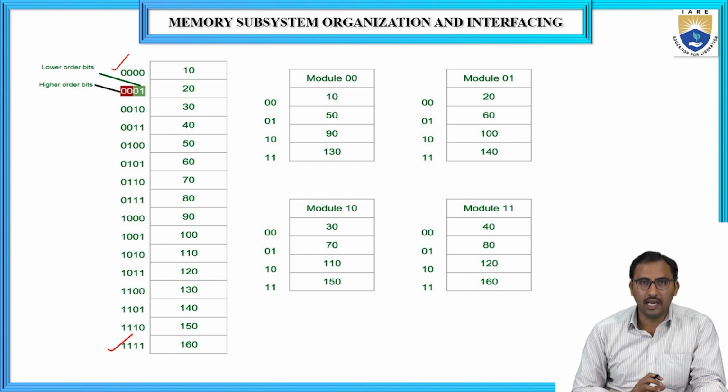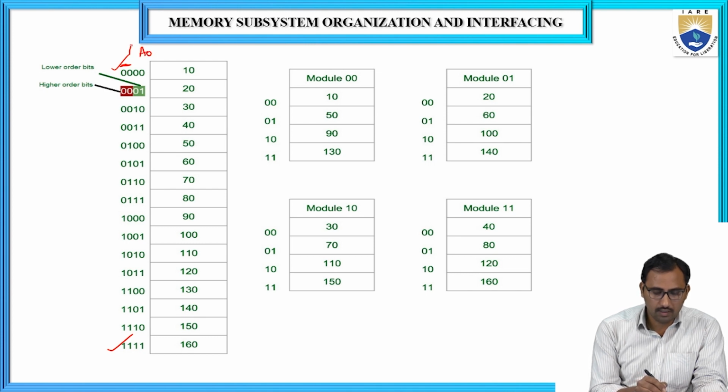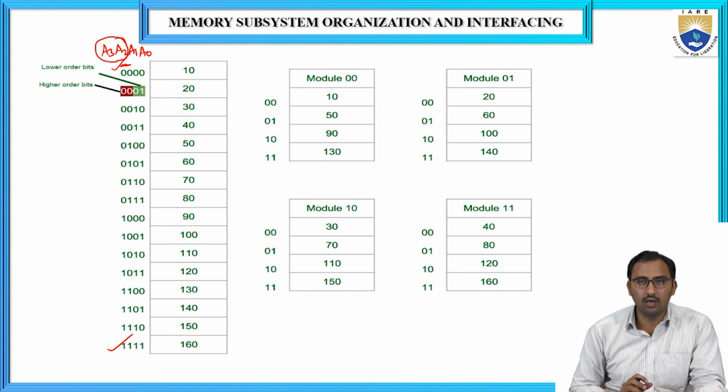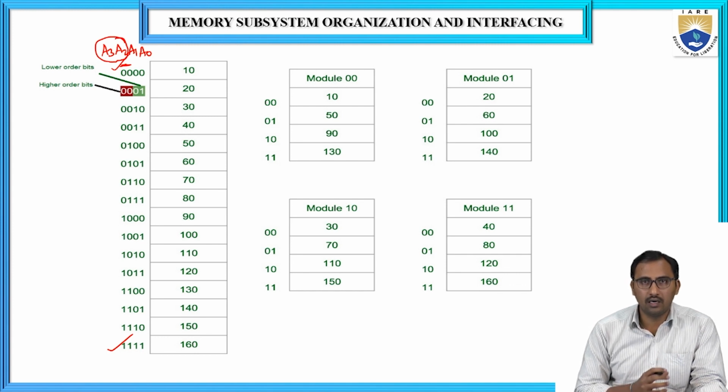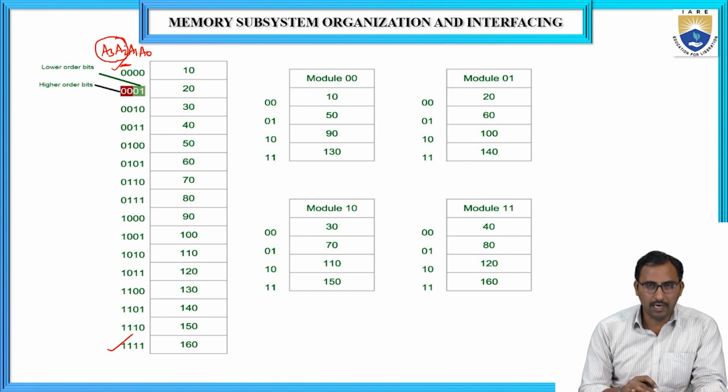So we are discussing the higher order. If you represent A0, A1, A2, A3, then A2, A3 are called the higher order bus. This will divide the memory locations into sub modules.